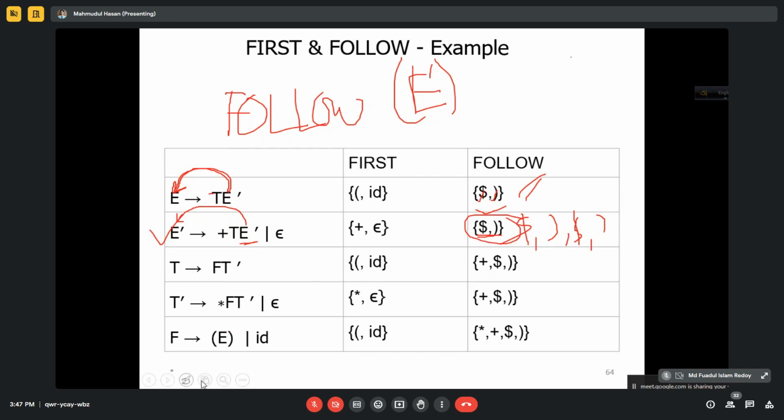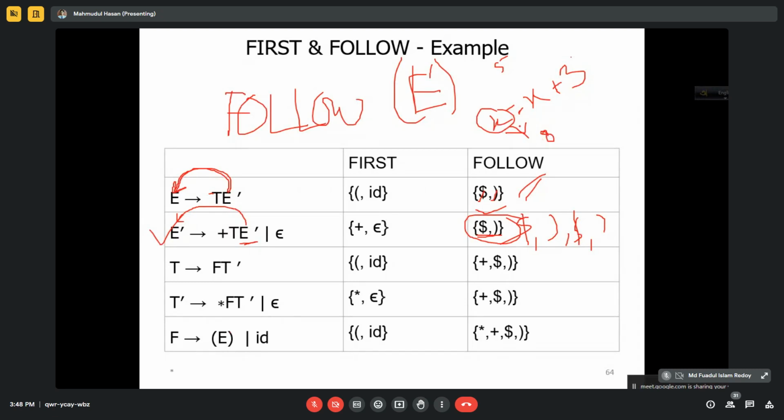Got it, everyone? Sir, after E dash there is nothing, so the follow of E dash is the follow of E. Then, for example, we write x equals x plus 3. Suppose the value of x is 5, that means the value is actually 8 like that.